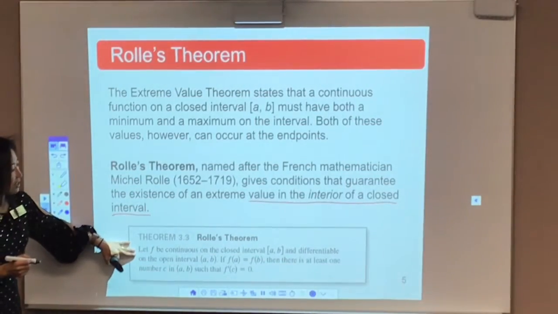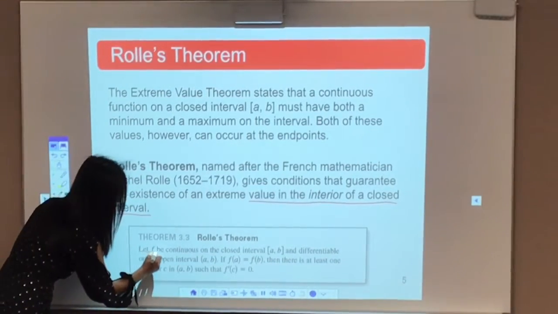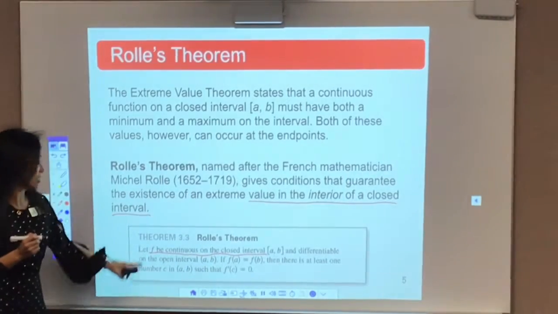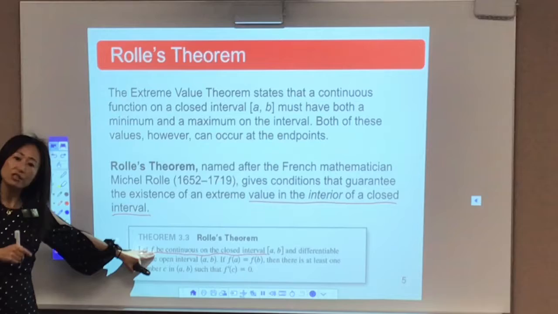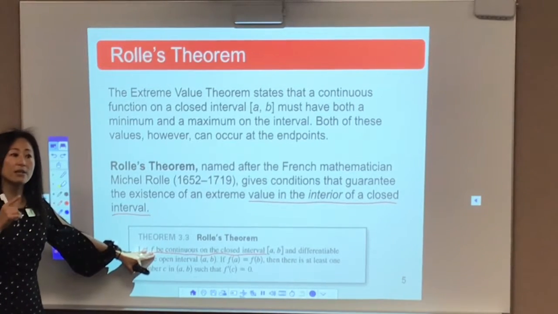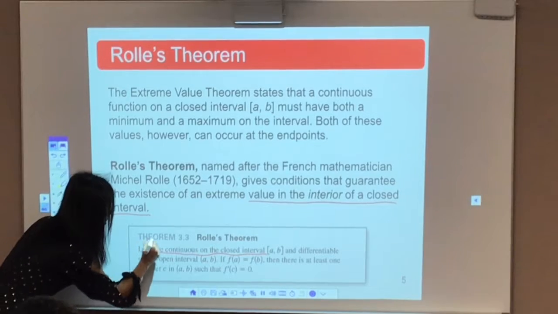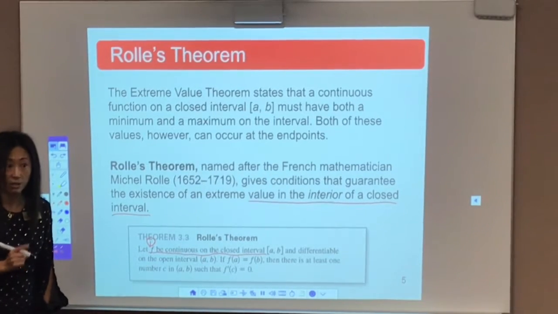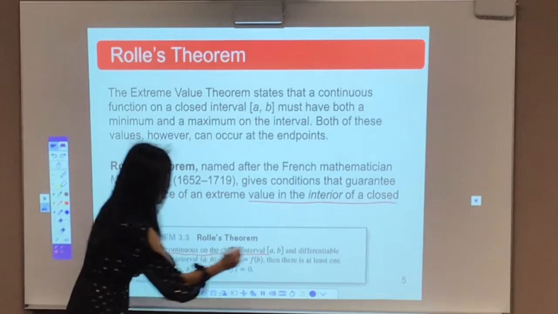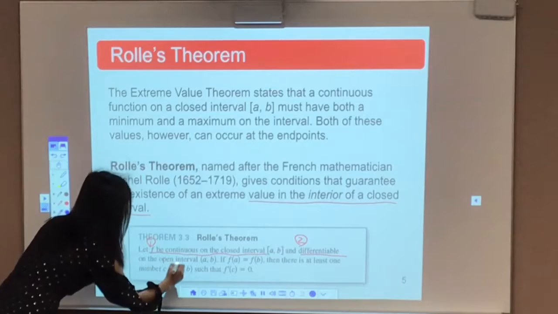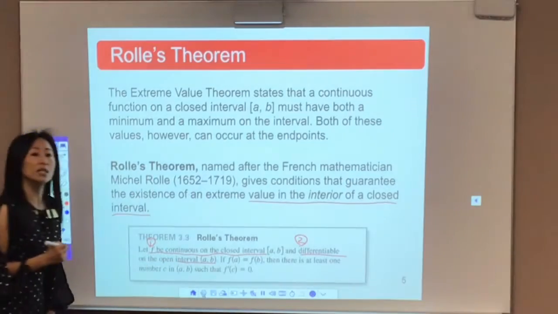Let f be continuous on a closed interval. This is an important clause. Remember this. If f is not a continuous function, I cannot use Rolle's theorem. Rolle's theorem has conditions. What's the first condition? f has to be continuous on the closed interval. What else? It's differentiable on what? An open interval.